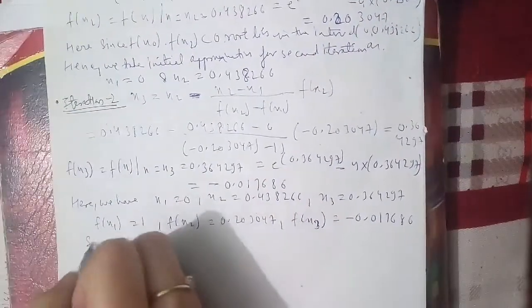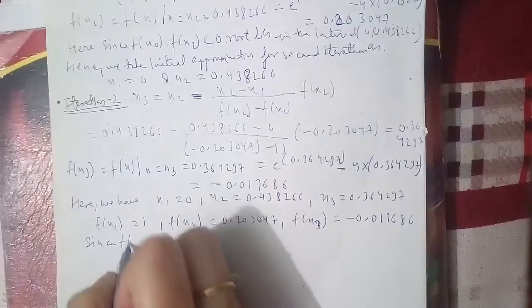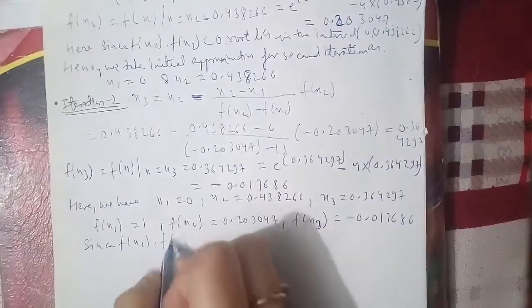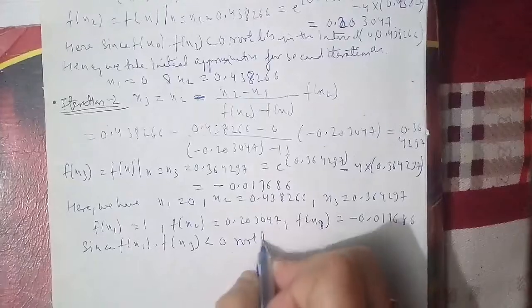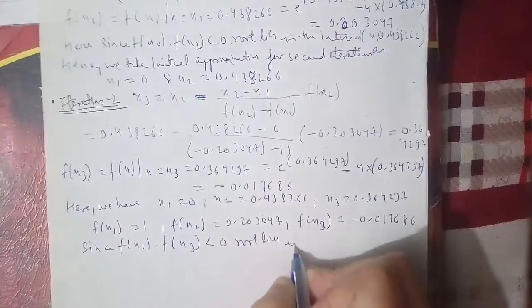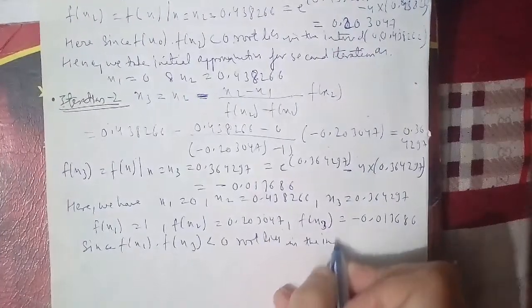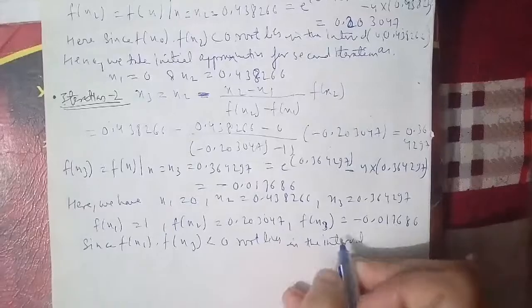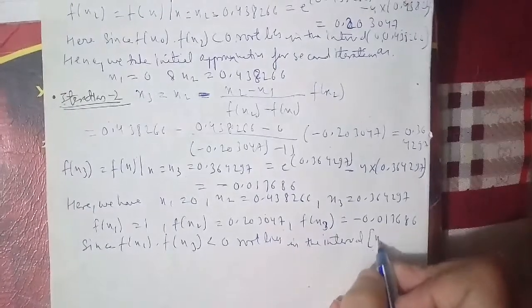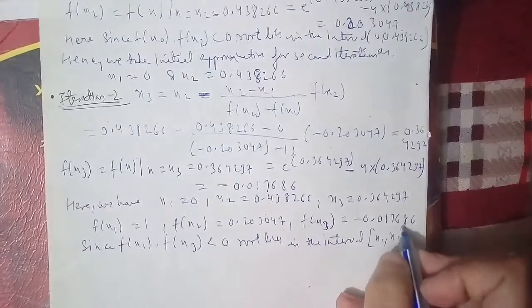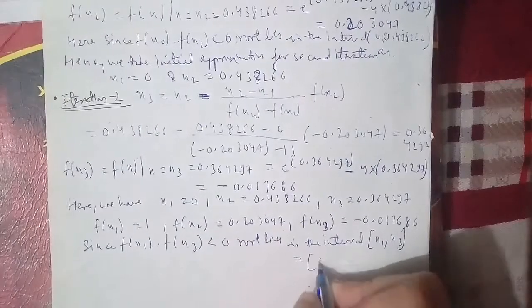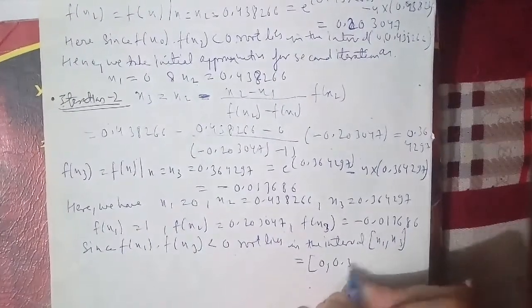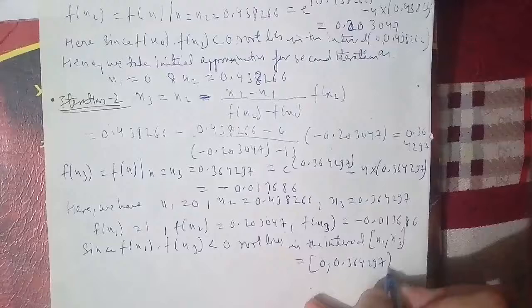Since f(x1) f(x3) is less than 0, the root lies in the interval x1 to x3, that is 0 to 0.364297.